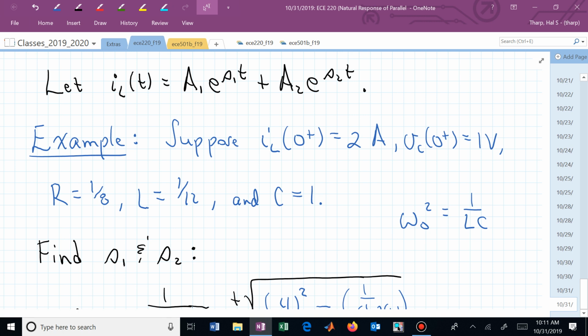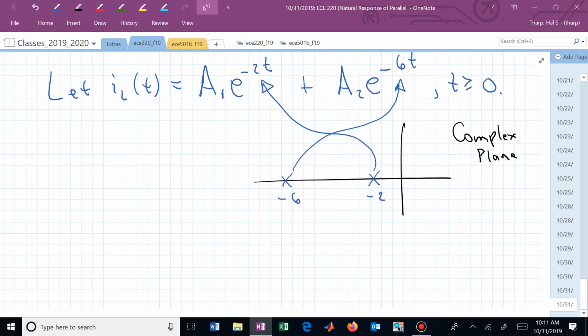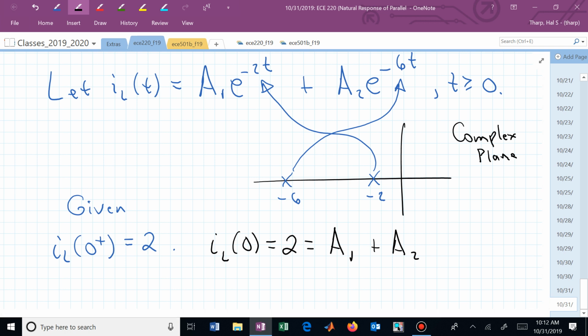We should be able to use that because we've assumed a structure for I sub L. That was given. Now we can say that I sub L of 0, which is 2, is A1 e to the 0, which is 1, plus a sub 2 e to the 0 again. So now we have a1 plus a2 equaling 2, using that one initial condition.